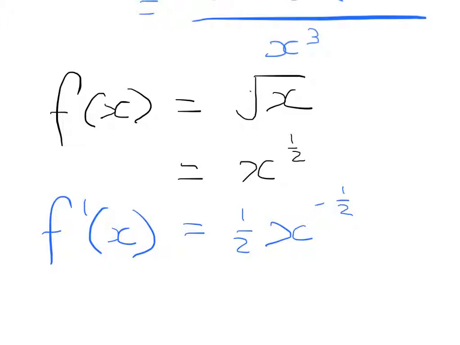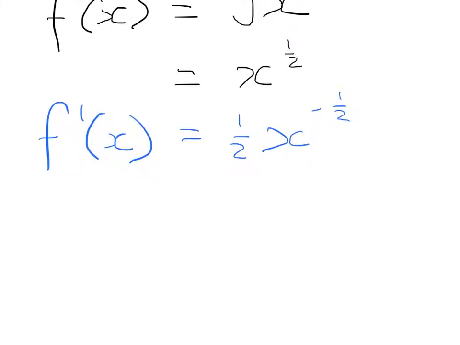Then we make it into the same format. So that equals 1 over 2 root x, because x to the power of negative half is 1 over the square root of x.